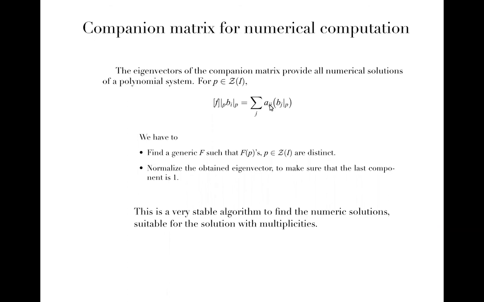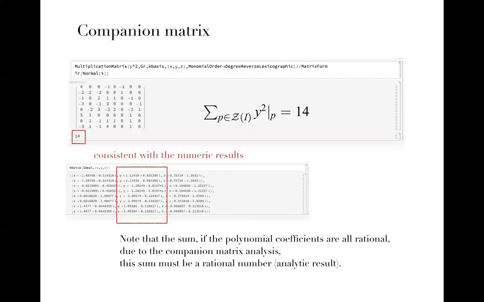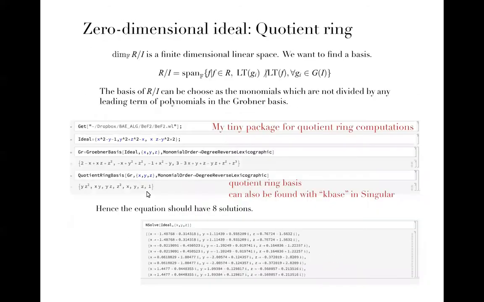But you have to be very, very careful, because the issue here is you need to worry about the normalization. No matter how you find this eigenvector, you have to somehow fix the normalization. To fix the normalization, you have to make sure that the last number here, this 1, is a number, it's not a function, so evaluated on the point it is still 1.